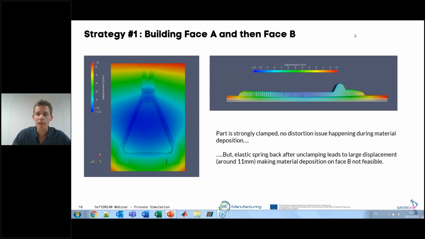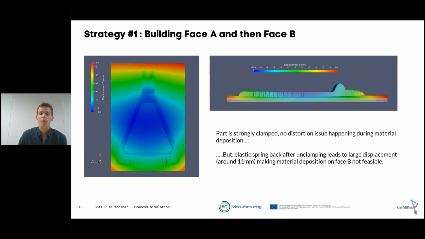Because of all the stress that has been generated in the part, it is clearly an obstacle to the following of the process, because there is around 11 millimeters of elastic spring back, and the deposition on phase B becomes impossible. So this first strategy is not really adapted.